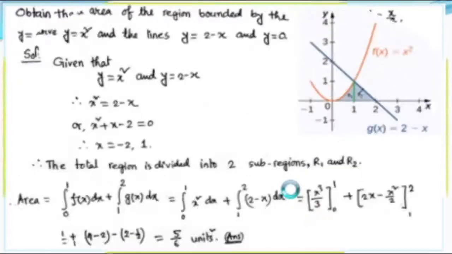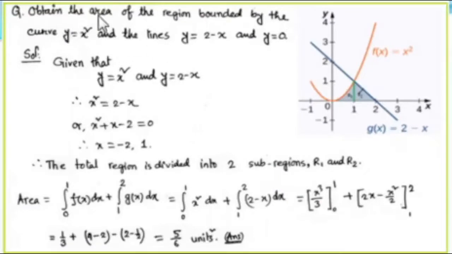Similarly, another problem: obtain the area of the region bounded by the graph y equals x square and the lines y equals 2 minus x and y equals 0. So these are the straight line. It is a parabola. So straight line and parabola intersect at a point x equals 1.